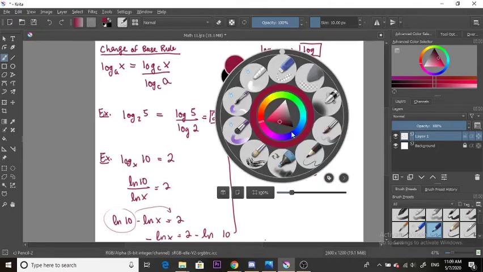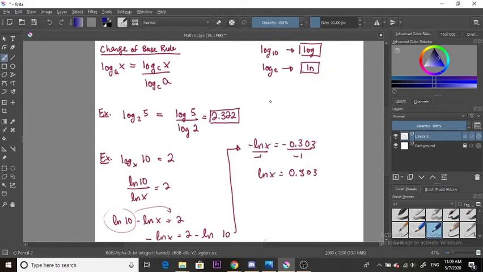So I'm just going to change my color just so that it's a little bit more obvious. Now, if we recall, the logarithmic form is n is equal to log base c of m, and that can be turned into m is equal to c to the exponent of n.